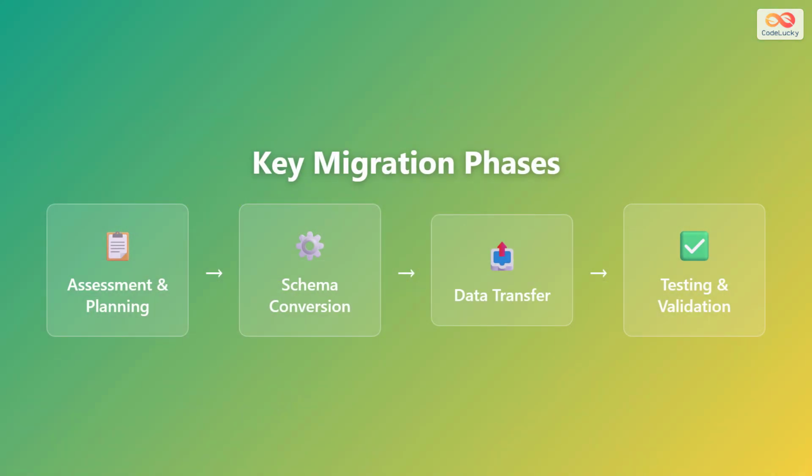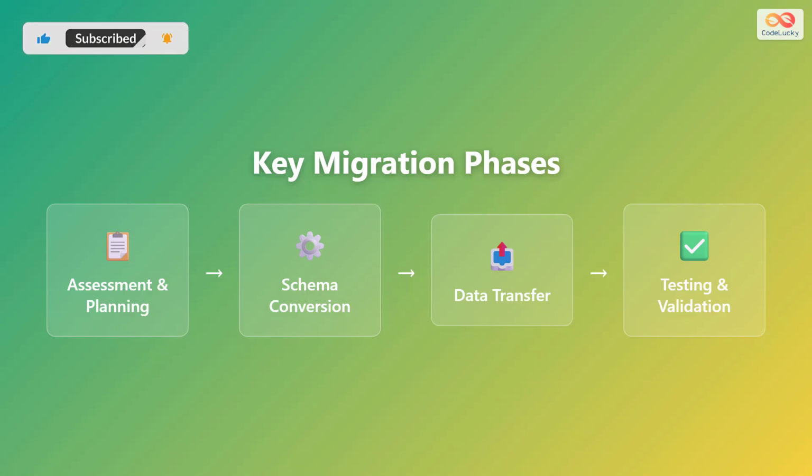A successful database migration follows four key phases. First, assessment and planning involves analyzing your current database environment, identifying dependencies, estimating costs, and creating a detailed migration roadmap. Second, schema conversion transforms your database structure to work in the new cloud environment. This includes converting table definitions, stored procedures, triggers, and other database objects to be compatible with your target cloud platform.